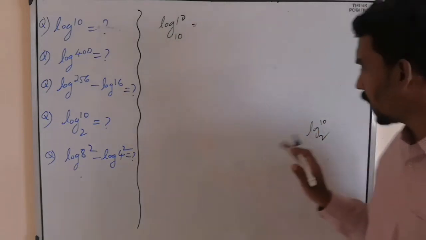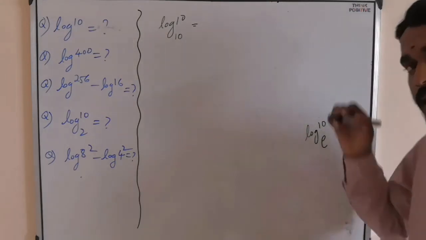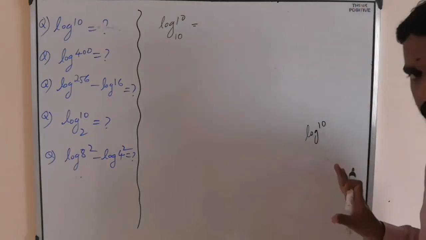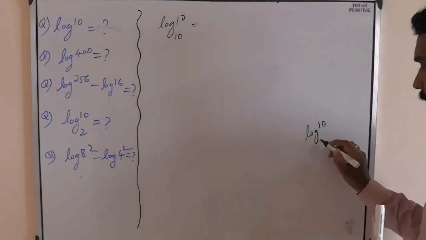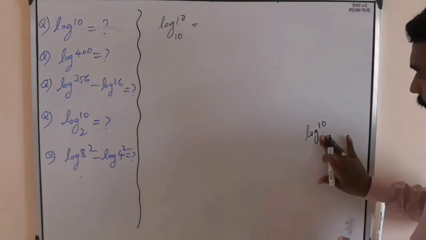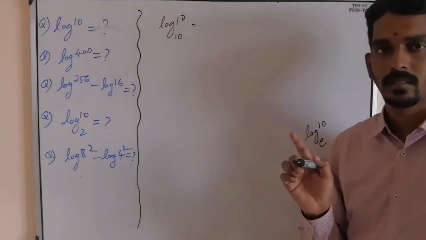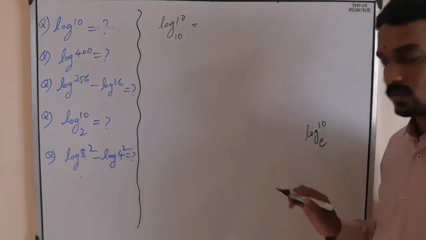But in physics sometimes they will give log 10 base e. If they don't mention it, you have to take the base as 10 obviously. But if they mention base e, then you should not change it. So they can give log base e also.